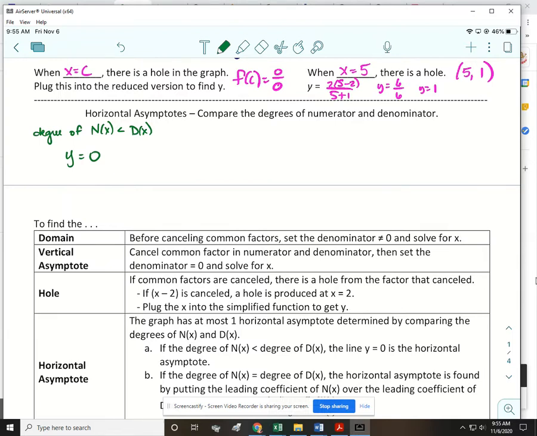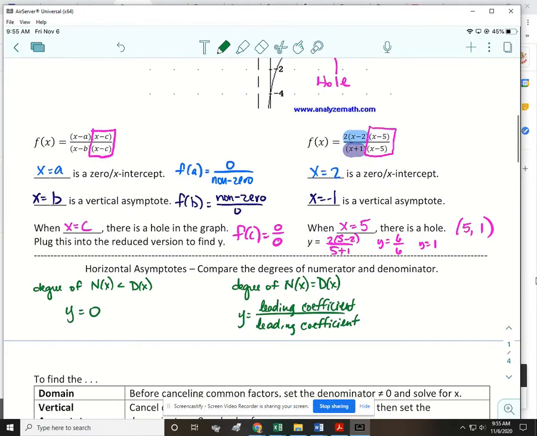If the degree of the numerator is equal to the degree of the denominator, then your horizontal asymptote is the leading coefficient of the numerator over the leading coefficient of the denominator. And that's actually the case we have on this one.